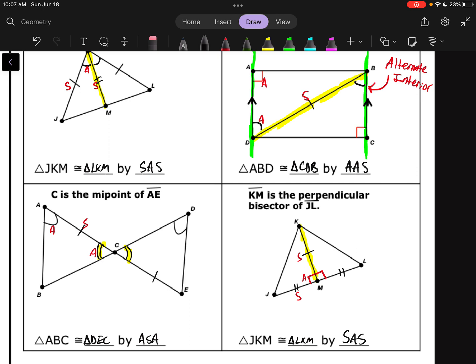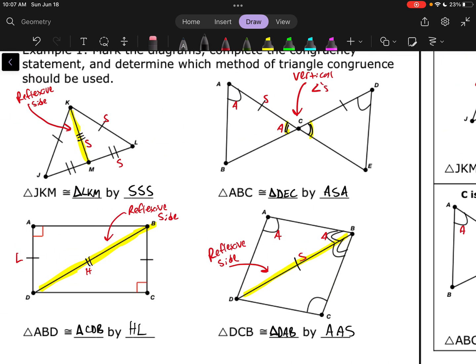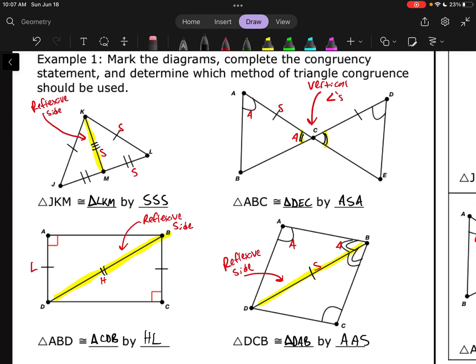You do not get to assume that something is a midpoint. You do not get to assume that lines are parallel. You do not get to assume that something's a perpendicular bisector. You can only do that if they're talking about it. These things, the reflexive sides, the vertical angles, you do get to assume.